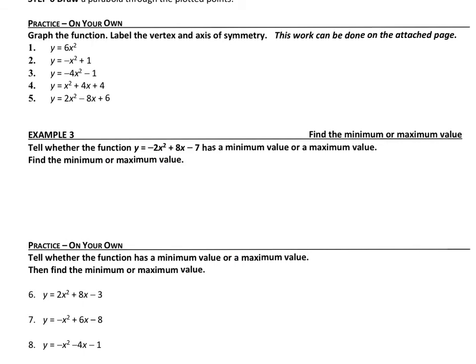So before we get to example 3, I would like to point out that I have some practice problems for you to try. These practice problems here can be done on that second page that is attached to this note sheet. So please try to graph all of these 5 functions and label the vertex for me, please, and the axis of symmetry.